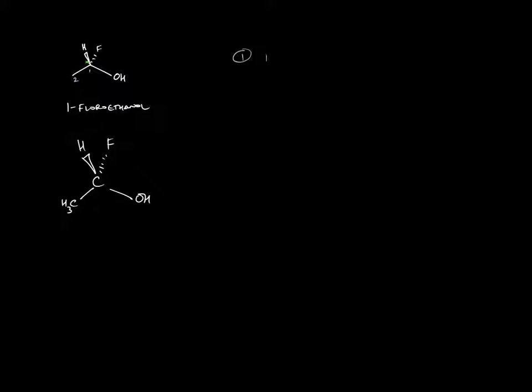The first is that we rank the 4 substituents from number 1 to number 4 based on atomic number. All right, and atomic numbers, of course, that's just the number above the atomic symbol in the periodic table.